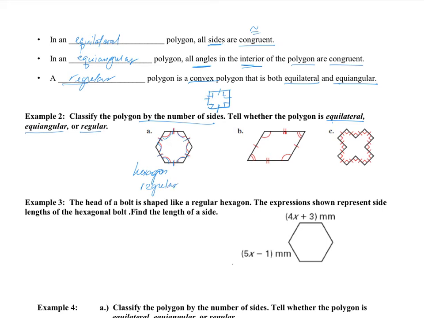For part B, we will call this a quadrilateral. And not all sides are congruent, because here we have one pair of congruent sides and another pair of a different length, and also two different opposite congruent angles. So this quadrilateral here is not regular.